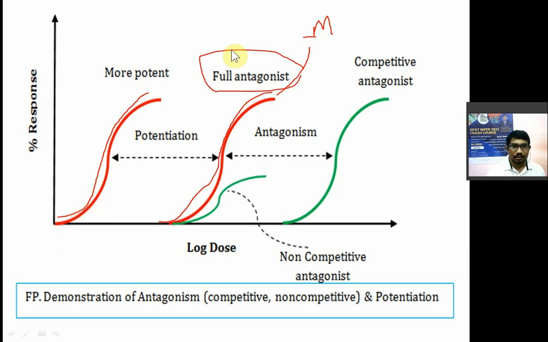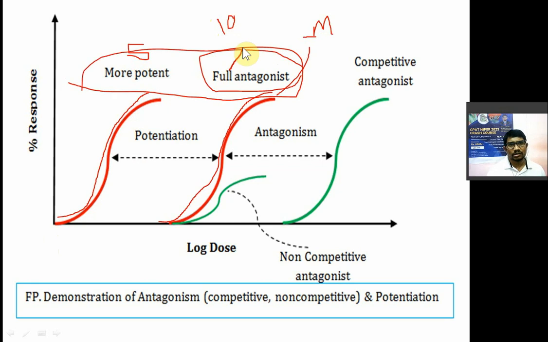Suppose the full agonist dose is 10 milligram, and there is another drug which is only 5 milligram but shows the same action. The action produced by the full agonist at a 10 milligram dose, another drug will produce at a 5 milligram dose.